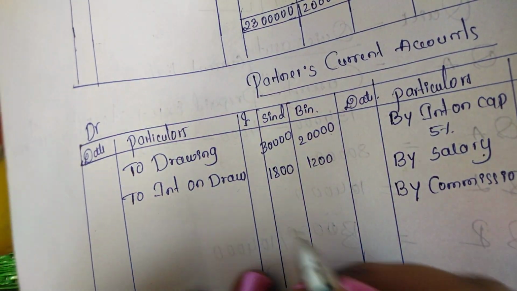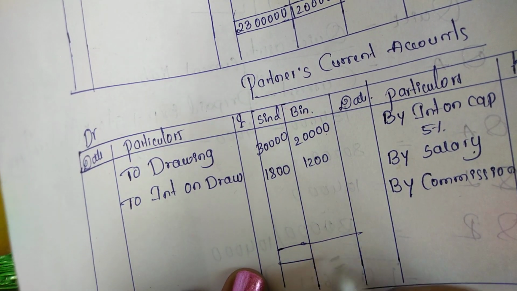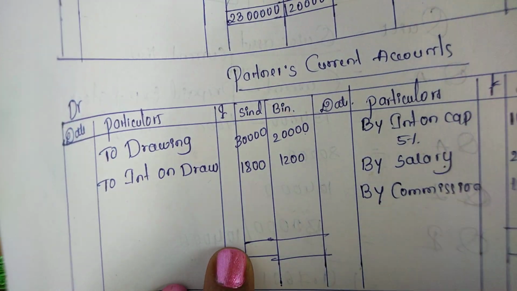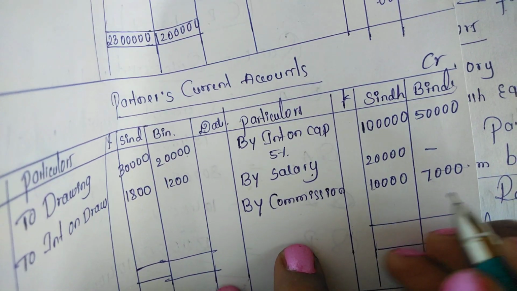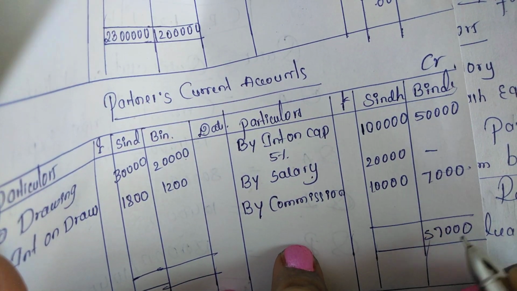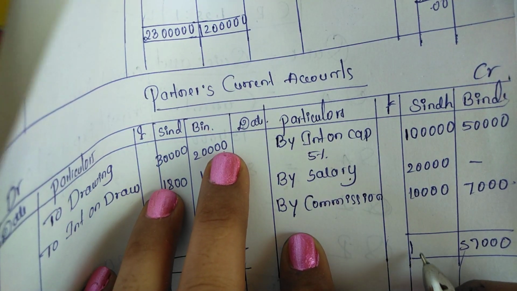Total it and find out the balance. Here the total is 57,000 and here 1,30,000.